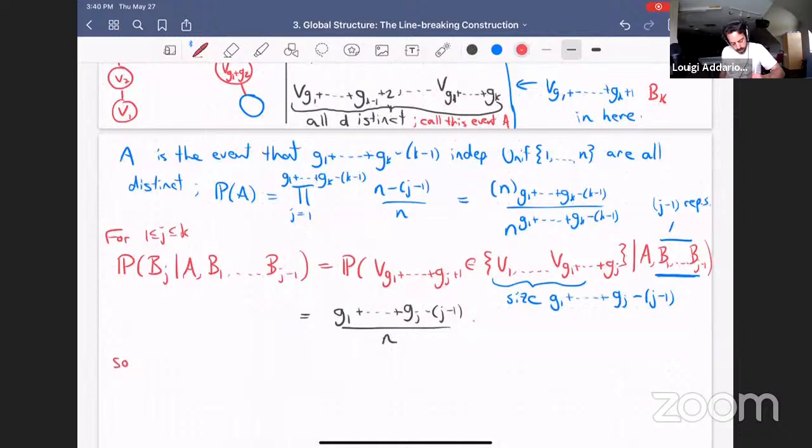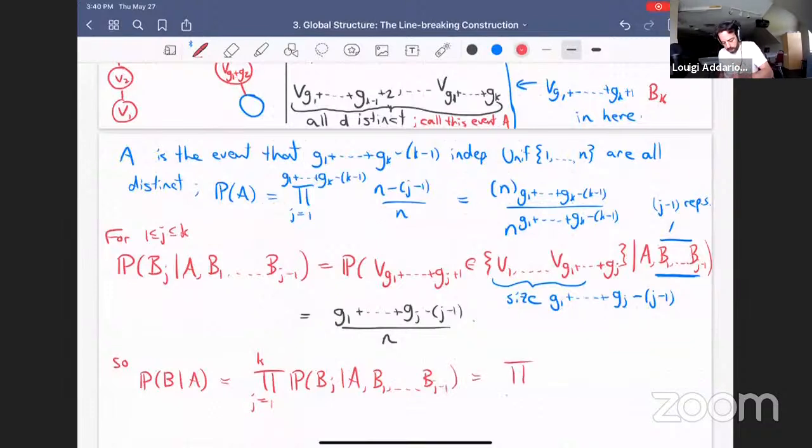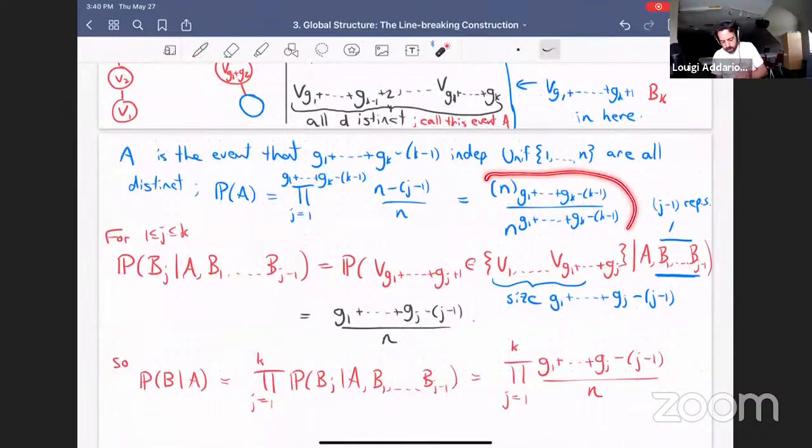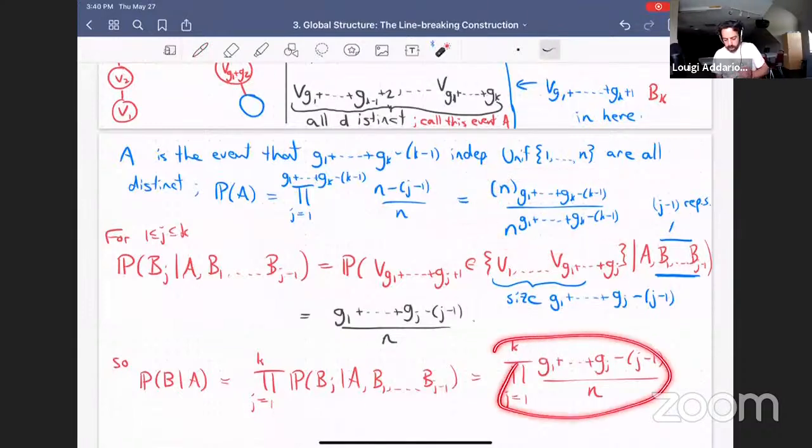Now we just put all of that together by Bayes. We get the probability of B given A is the product for j from 1 to k of probability Bj given A and B1 up to Bj minus 1. So that's the product from j from 1 to k of this expression. Let's compare. The probability that both events occur is just the product of this and this. So what do we get?